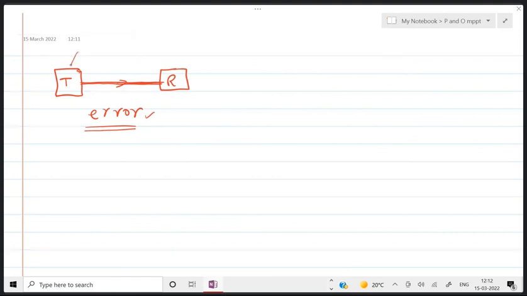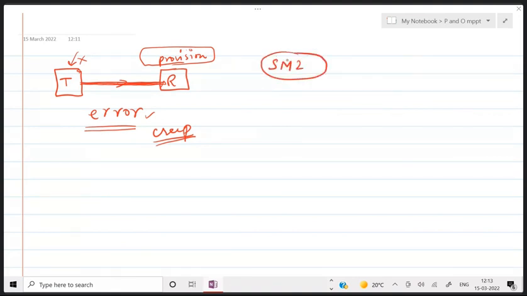Error is not created here, but during the course of transmission, it may be possible that because of some stray signals, noise signals, error creeps in. So there must be some provision in the microcontroller which could detect that error. So what is that provision? The provision is this bit, the SM2 bit of the SCON register.